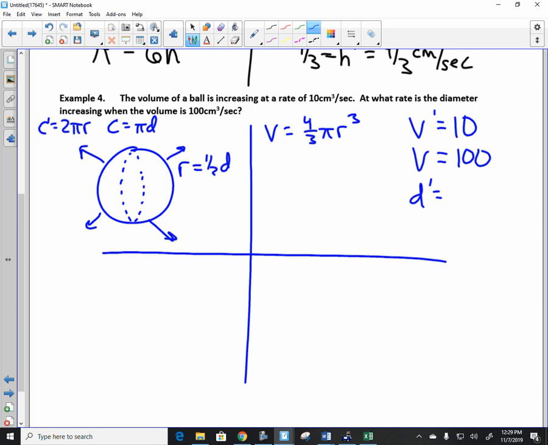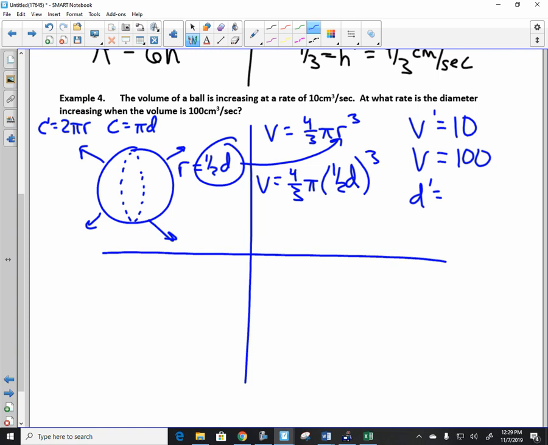Let's just make up a new equation. Just plug 1/2 the diameter right in for that guy. So we have volume is equal to 4/3 times pi times 1/2 d cubed. If we chose to take the derivative in this situation, we would have to use the chain rule.